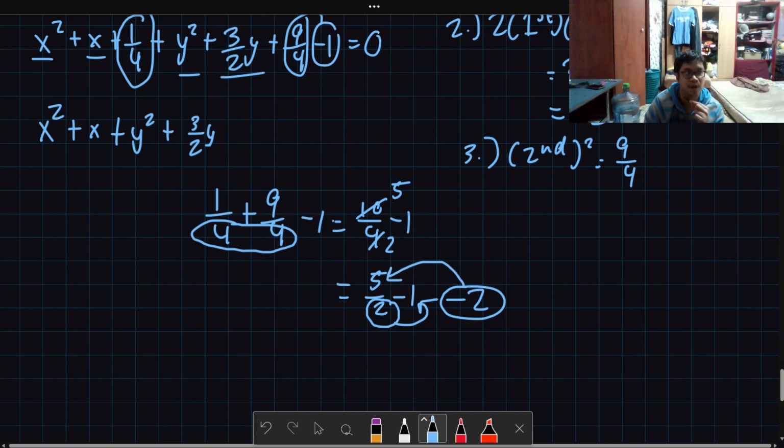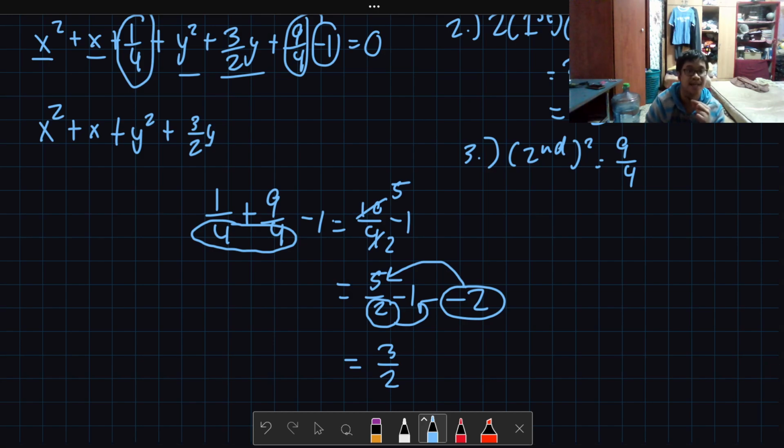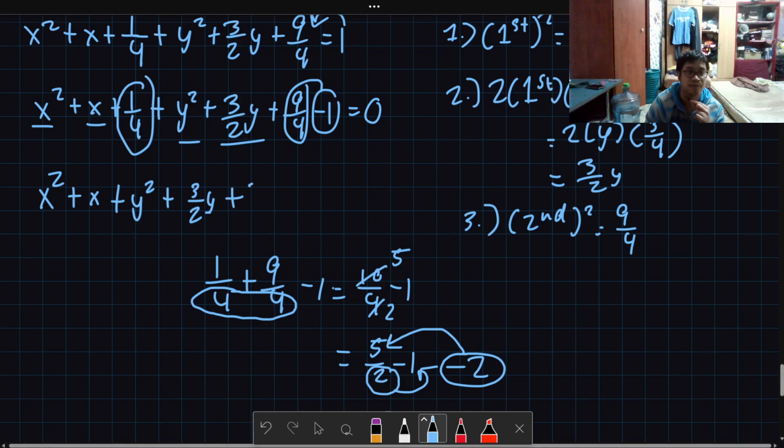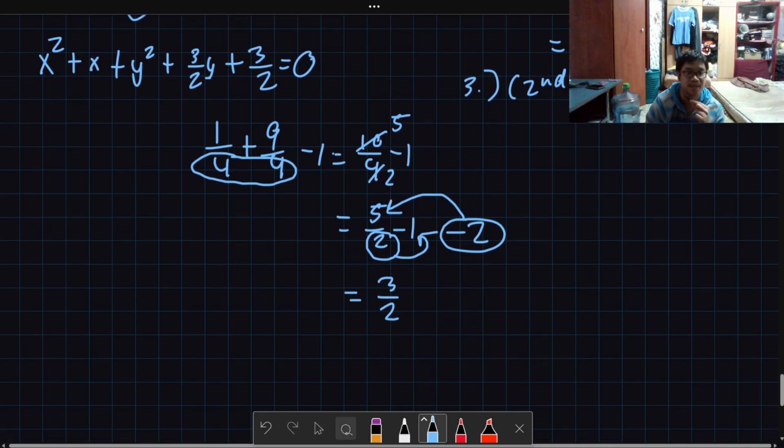So 5 plus negative 2, that's the same as 5 minus 2. So you have 3. Then after that, you copy the denominator, which is 2. That's it. So meaning 1 fourth plus 9 fourth minus 1 is 3 halves. So you have plus 3 halves is equal to 0. All right? That's it. Okay?